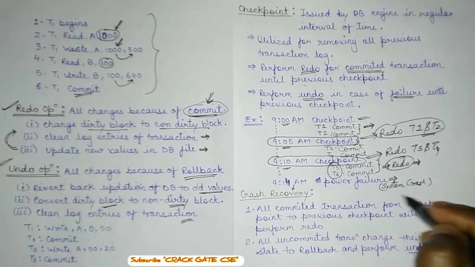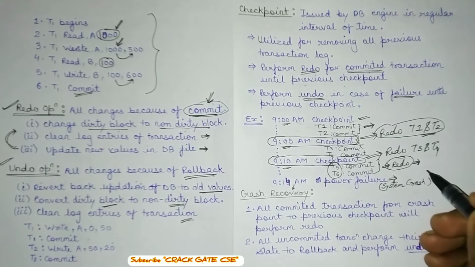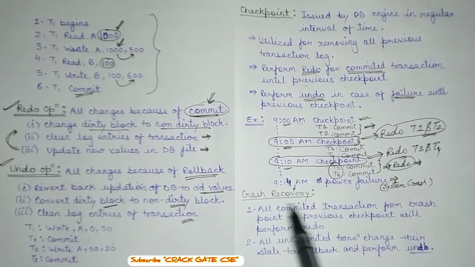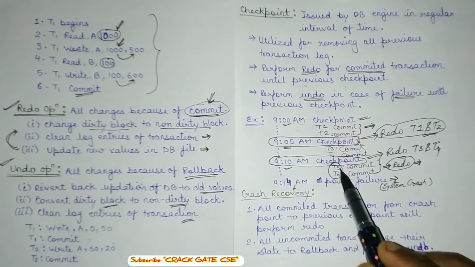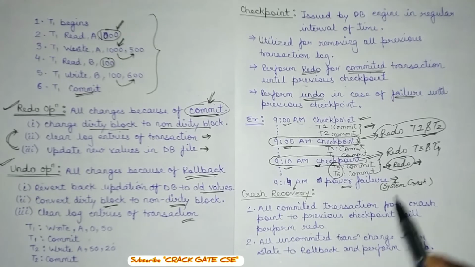So once the crash recovery is done, we will perform T5 and T6. What do we do in the crash recovery? All committed transactions from the crash point to the previous checkpoint will perform redo. So these will perform redo. This is what crash recovery says.